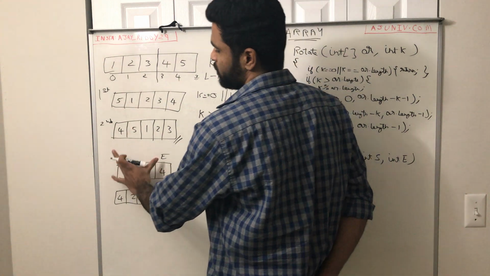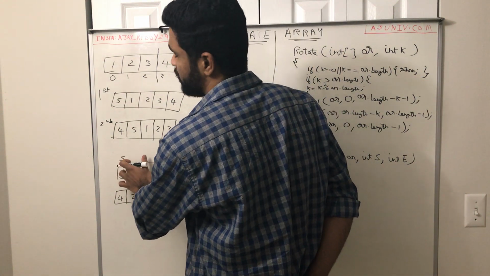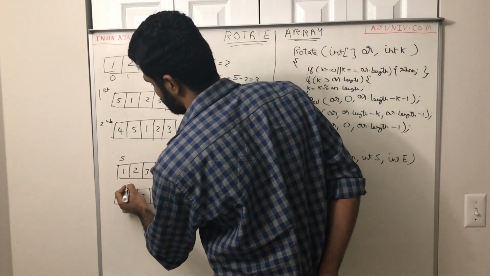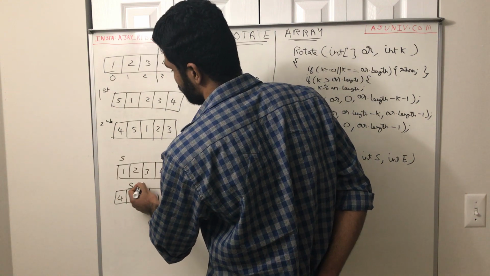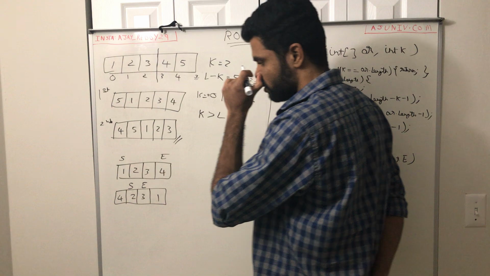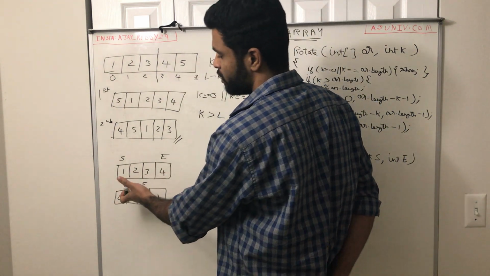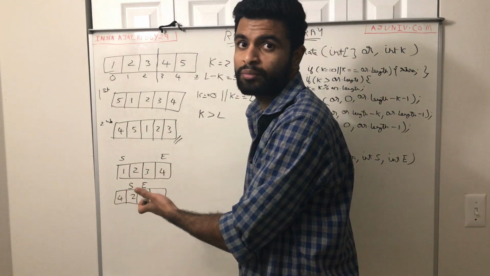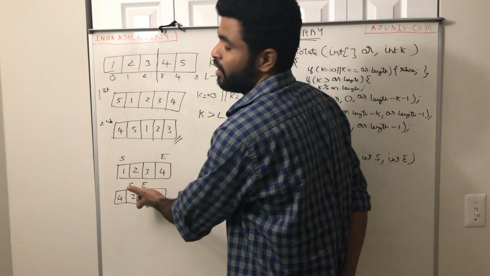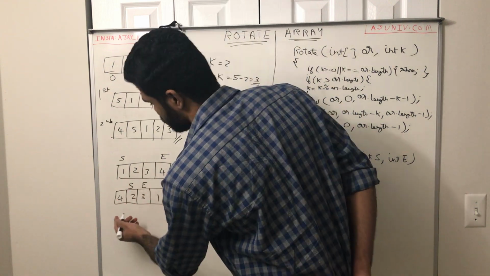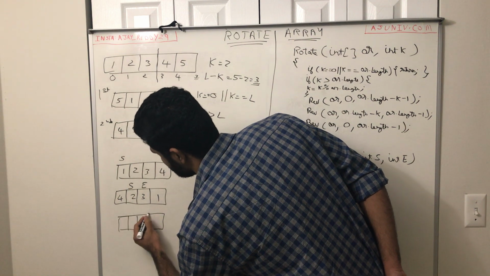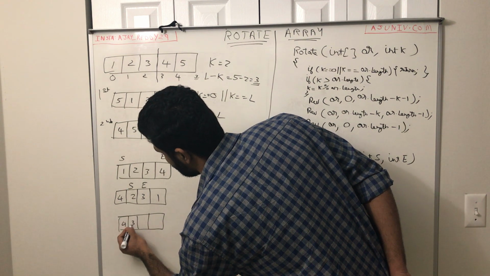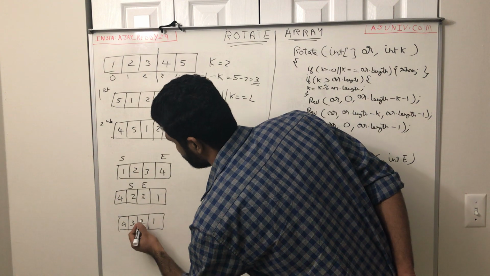And after swapping the start and end pointer, you have to increment start pointer and decrement end pointer. So after incrementing start pointer, S comes here, and after decrementing end pointer, E comes here. After incrementing and decrementing, you have to again swap the start and end, which is 2 and 3. So after swapping 2 and 3, it would be 4, 3, 2 and 1.